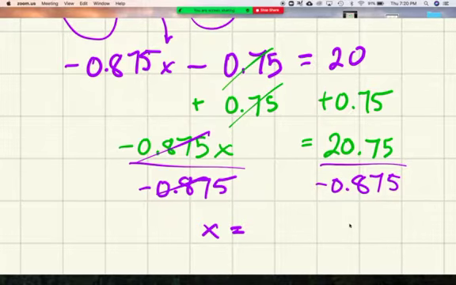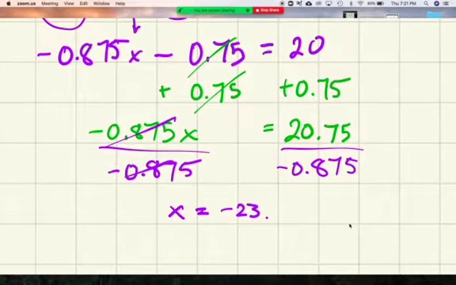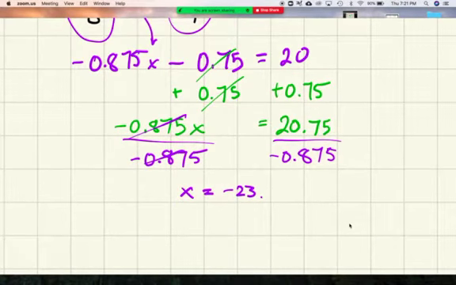So 20.75 divided by negative 0.875 equals 19 point. So I guess 20, right? Wait, I got something else. Let me try it again. The first time I got 23.7. That's right. Yeah, that's right.